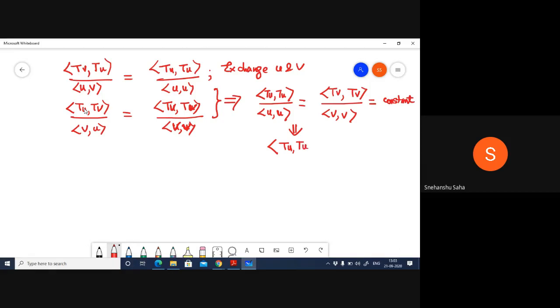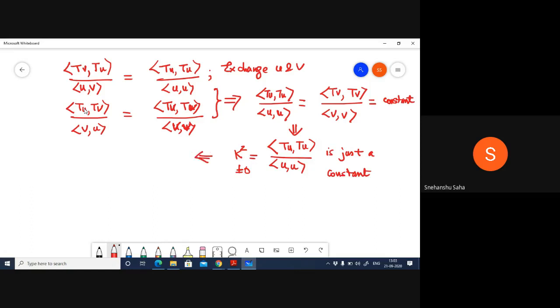So this TU over UU is just a constant. And therefore, we just take that constant equal to k square, non-zero. Okay, and that's it.